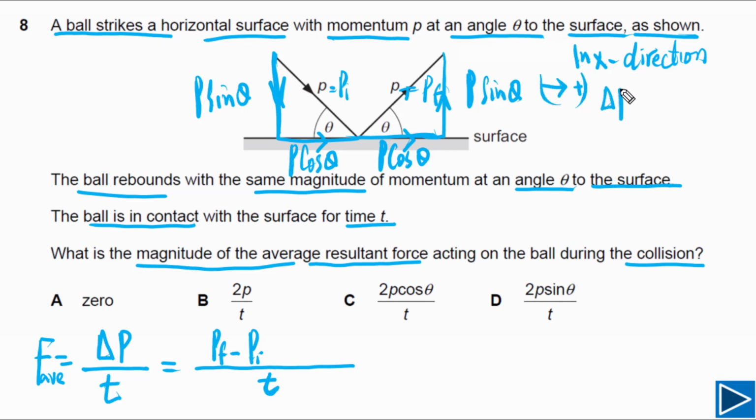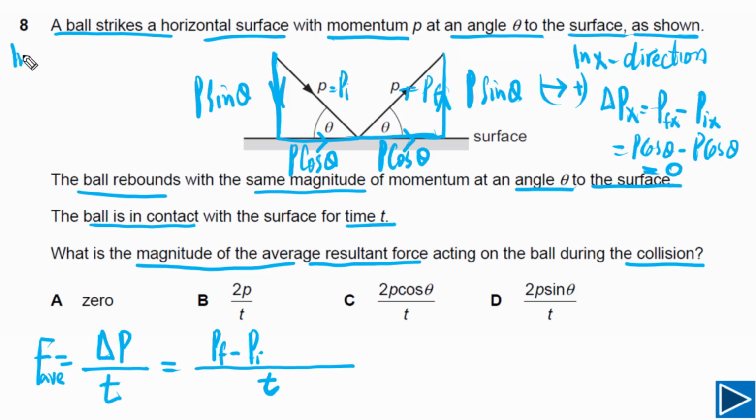So delta P along x is P final in x direction minus P initial in x direction. P final is P cosine theta. P initial is also P cosine theta. So the final answer is 0. There is no change in momentum along the x direction.